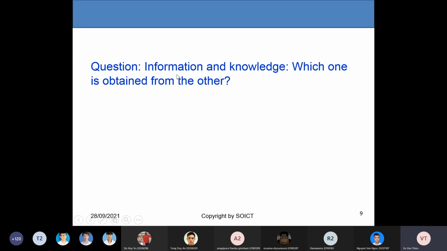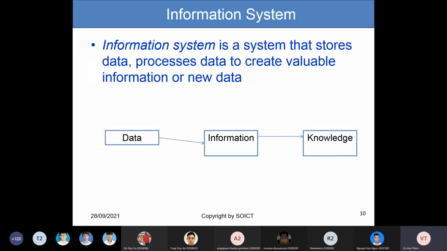From information, after doing experience, after studying, after analyzing, we will have knowledge. So from data, after analyzing, we got information, and from information, after educating, we got knowledge.